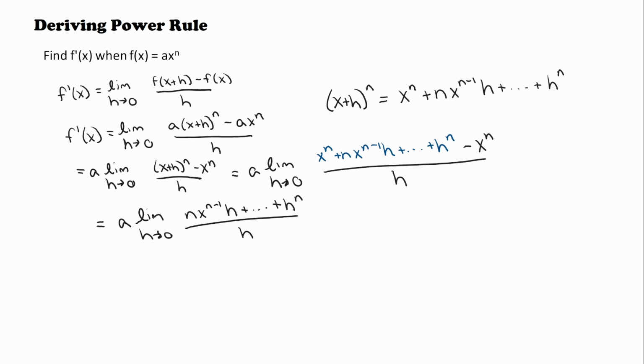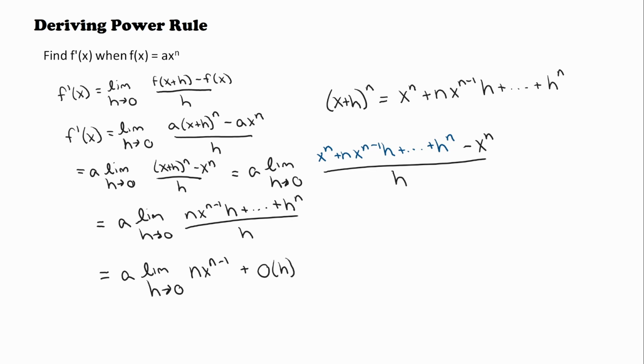So we can divide everything out by h, and what we'll get is a times the limit of h going to 0 of n x to the n minus 1, and there's no h in that specific term, plus all of the terms that are left over, which will have powers higher than h to the first power.